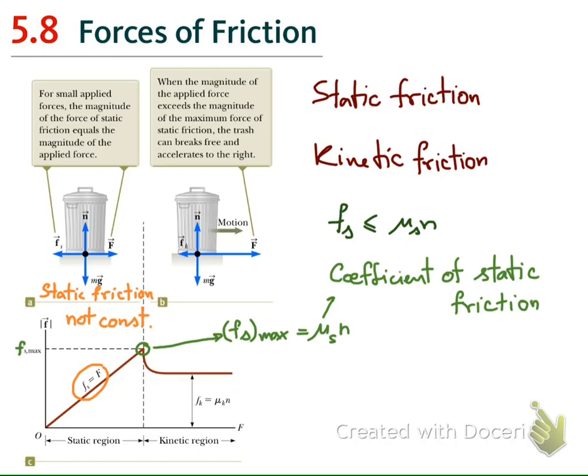This constant is equal to mu k N, and we call this friction when the object moves the kinetic friction.